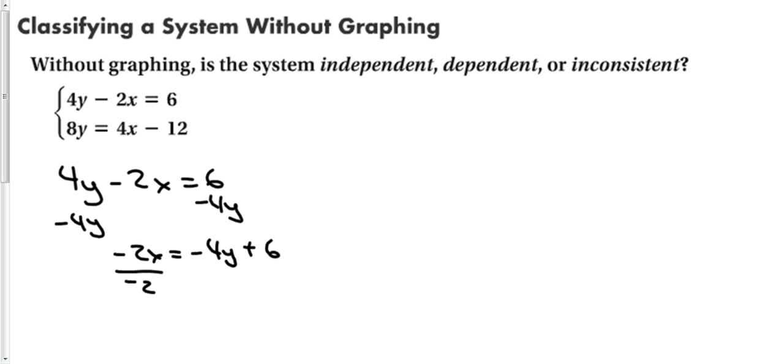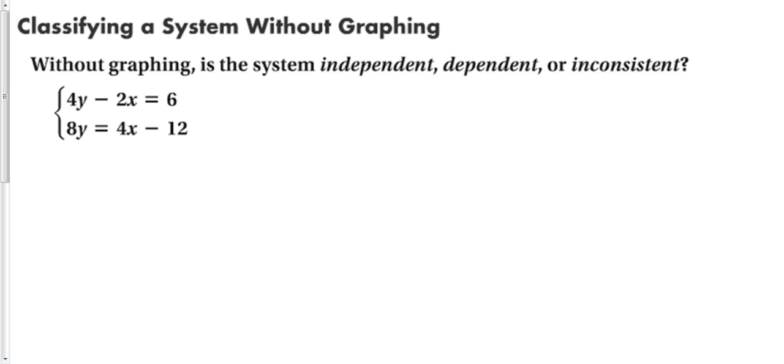Oops, I made a little mistake there, going it the wrong way. So 4y minus 2x is equal to 6. I have to isolate y, not x.